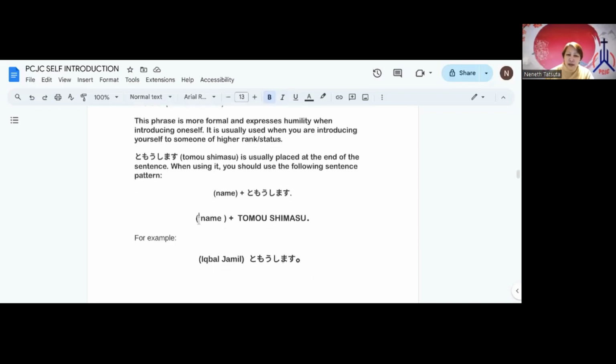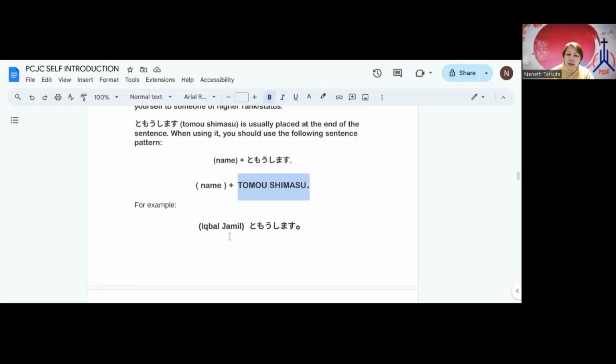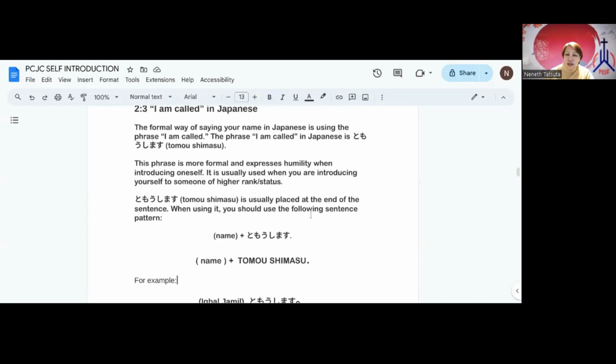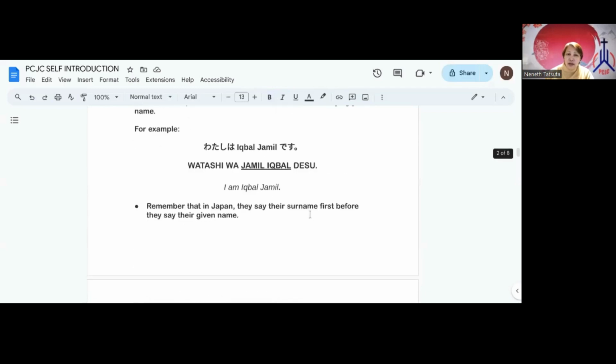Again, name, and then you add tomoshimasu. For example, Jamil Iqbal tomoshimasu. Jamil Iqbal tomoshimasu. This is the politest of the three.